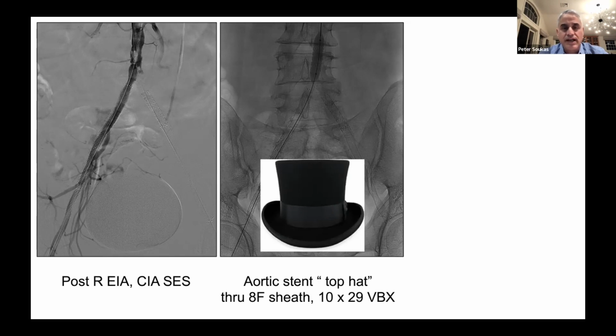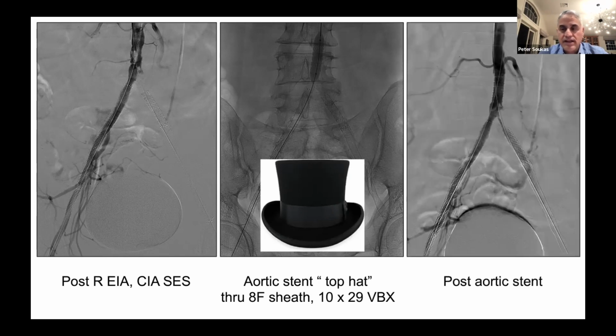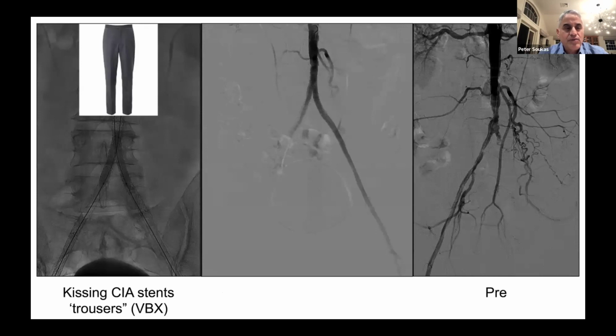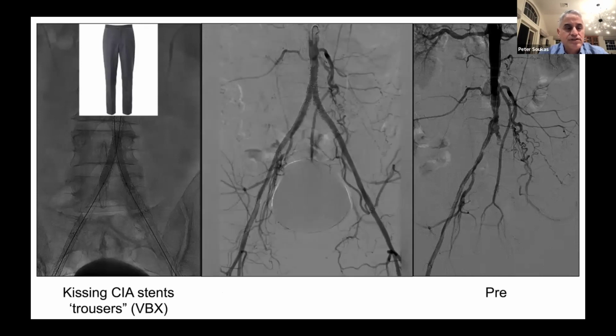This was a 10/29 VBX covered stent. After post-dilating the stent, we then put in the trousers, which were two 8 mm VBX stents. And you can see here a really lovely result at the end.